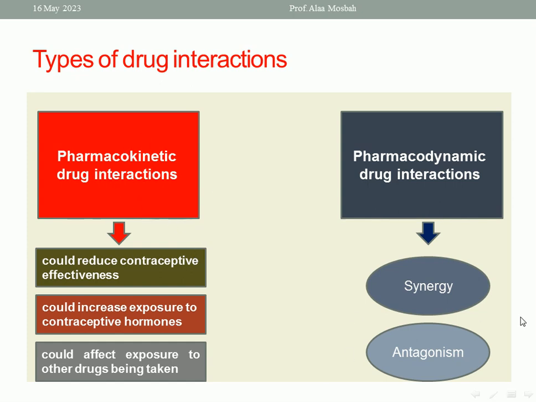What about pharmacodynamic drug interaction? Simply, pharmacodynamic drug interaction means the pharmacological action of one drug may have an effect on the pharmacological action of another drug, by either synergistic effect or antagonizing effect. So here the interaction happens in the pharmacologic effect of the drug.